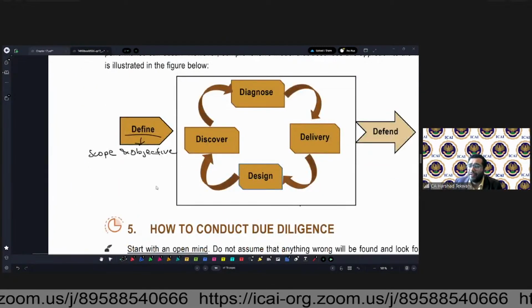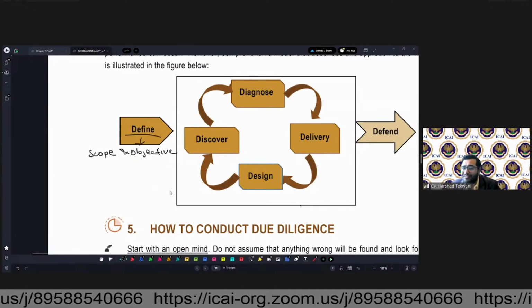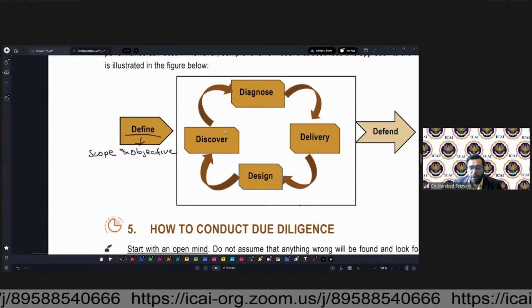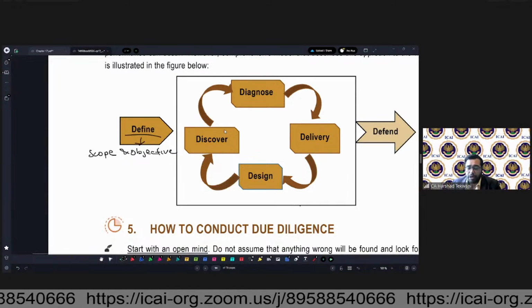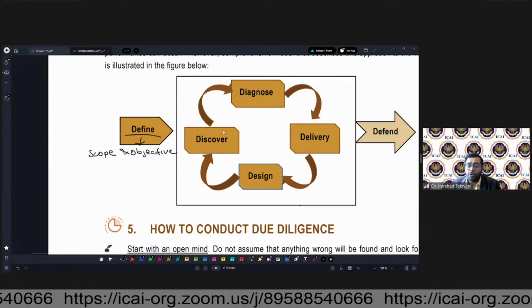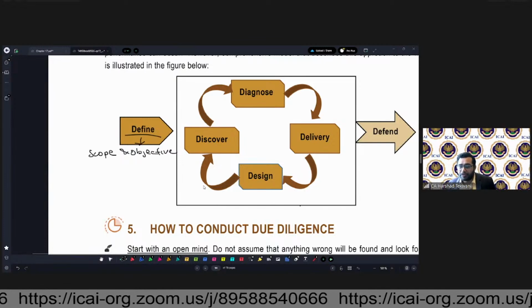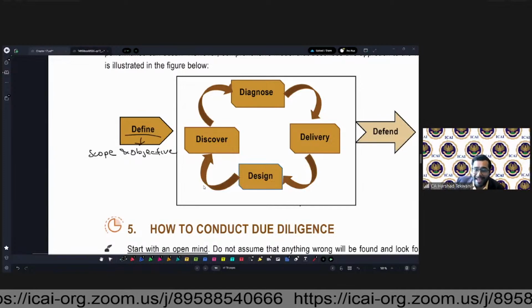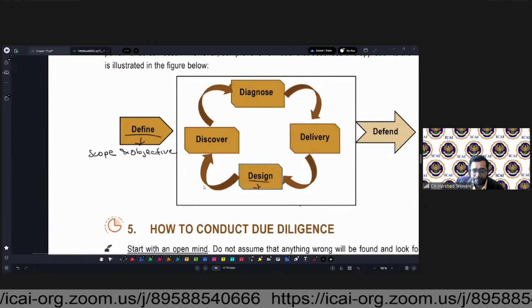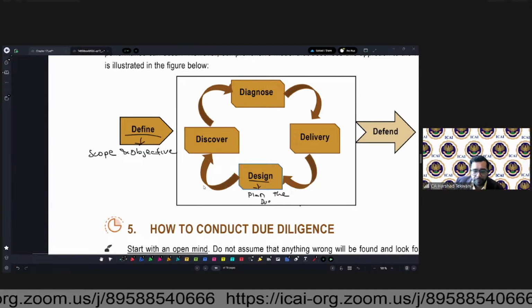Basically, you understand who the target company is, the buying company, the investors who hired you, all those areas which will give you a start to the due diligence. Then you have a process: design, discover, diagnose, delivery. Design means you design a plan for the due diligence.